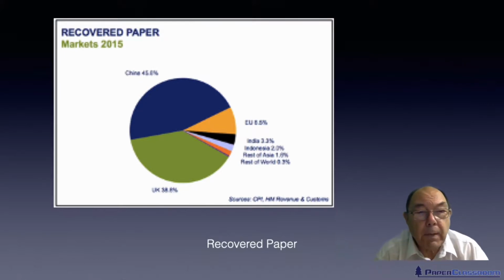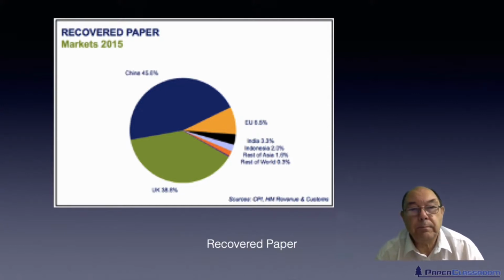But look at it now. Just under 40% of the recycled fibre that we produce in the UK is used in the UK. Over 45% is exported to China, and the remainder is exported to the EU and other countries. So it's a really big export business.